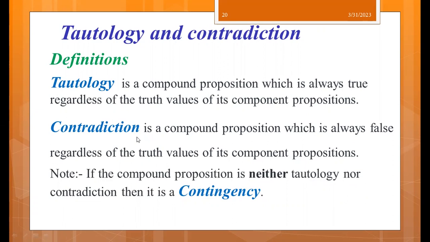So a compound statement which is neither a tautology nor a contradiction is said to be a contingency. A contingency, like tautology and contradiction, is a compound statement, but it must be neither a tautology nor a contradiction.